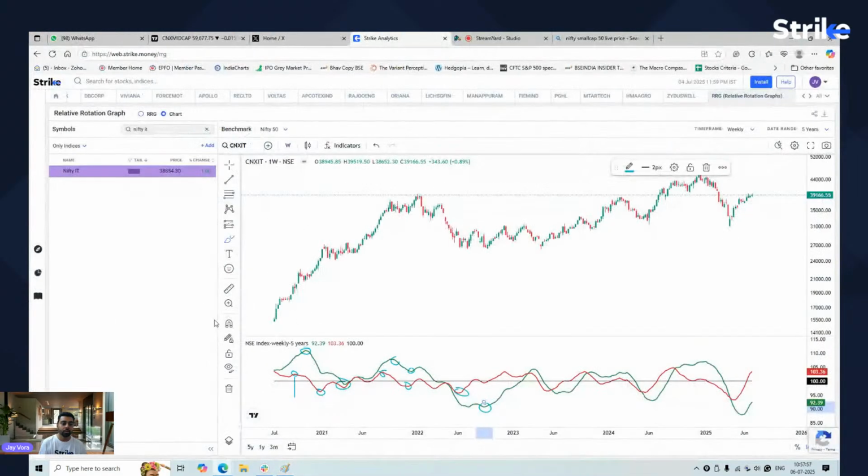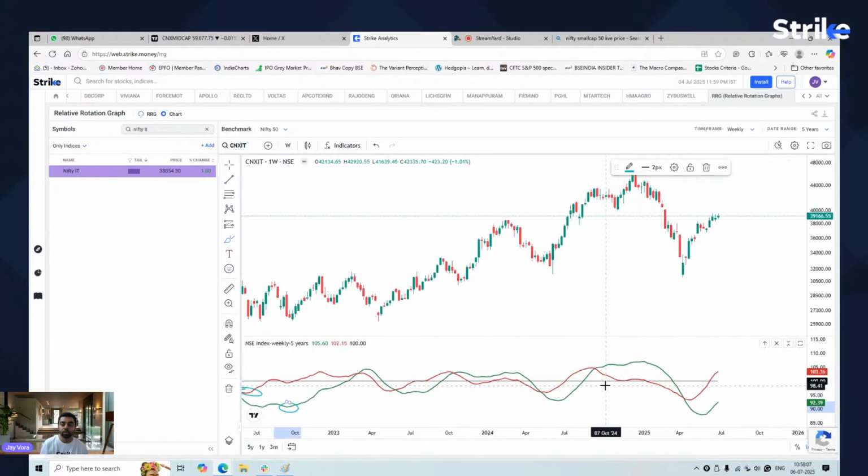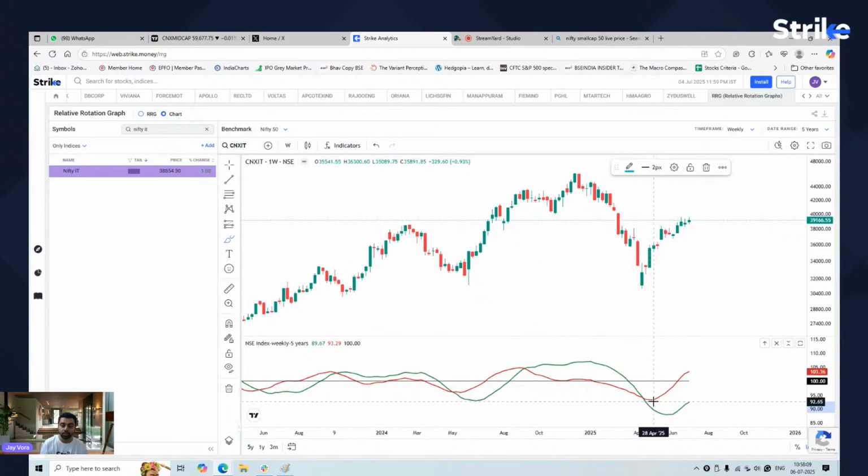So as I mentioned to you, it is always the momentum that turns around first, and then it is the RS ratio. That's why it is always important to check what the momentum is doing. You can see over here as well. Usually when the turnaround happens, within the first or second candle you will see the momentum also turning back. So that's where this becomes important, and especially in case when the markets are falling.